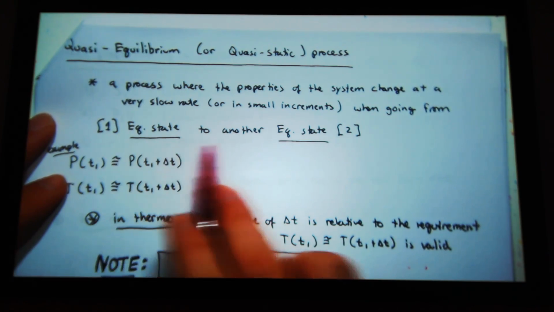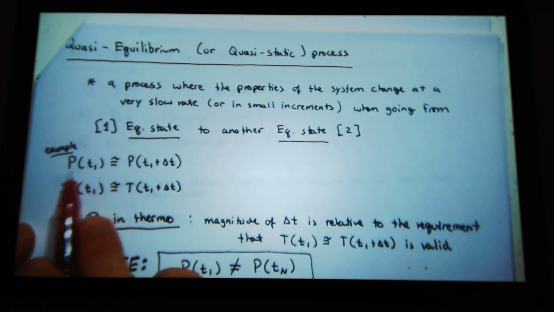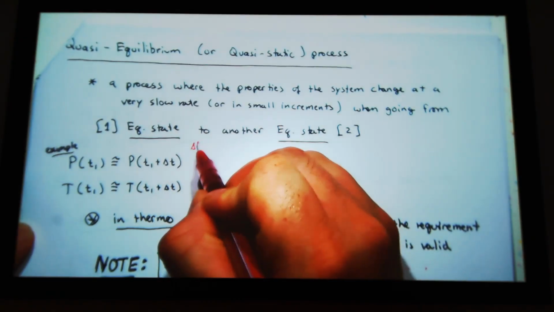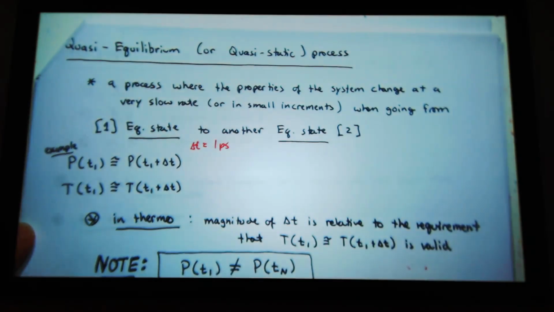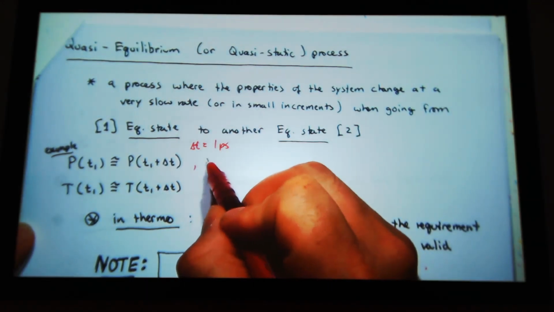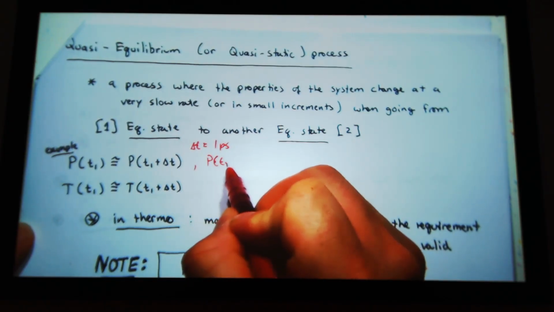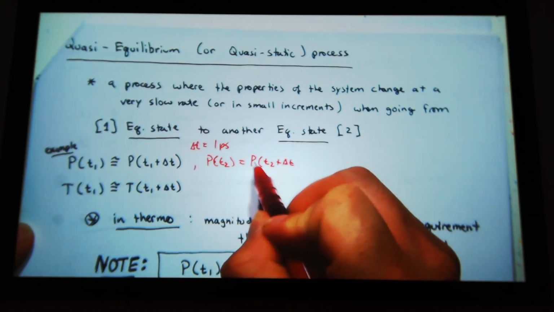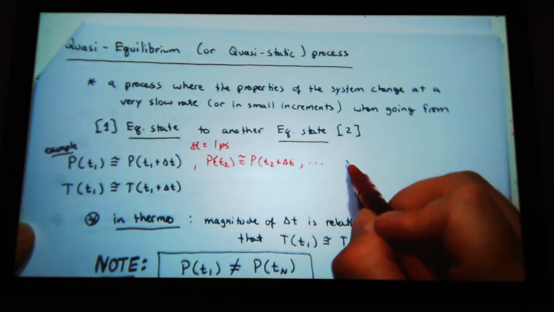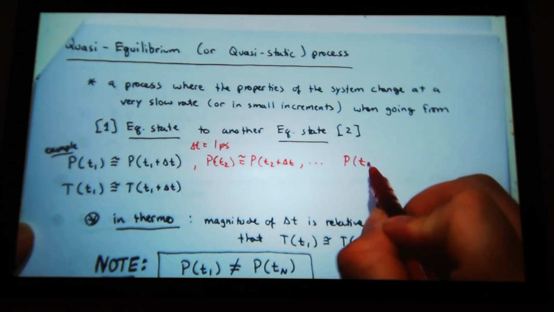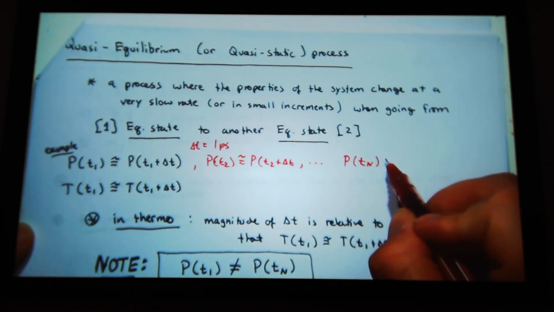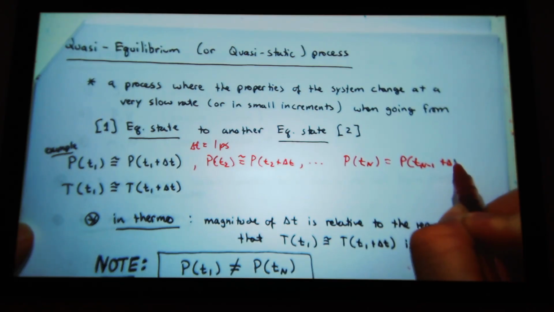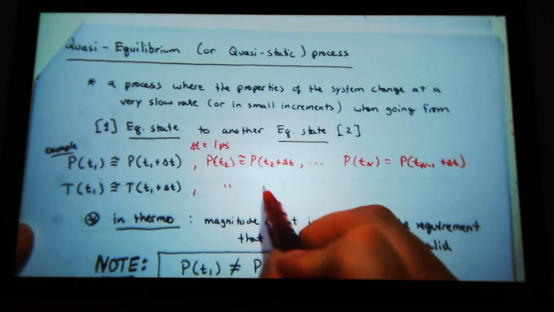So going from one equilibrium state to another, I can say at some time, P at T1, I have the same pressure and temperature, and let's just say delta T is equal to 1 picosecond. Related to this, I can say P at T2 is equal to P at T1 plus delta T, dot dot dot, P at Tn is equal to P at Tn minus 1 plus delta T. And likewise, I can do the same here.